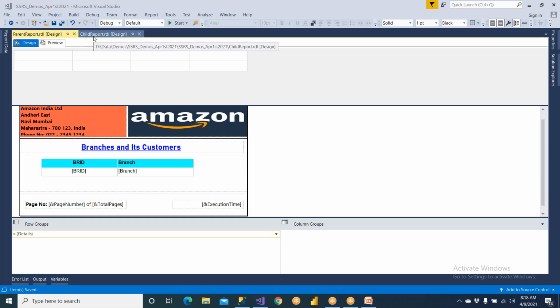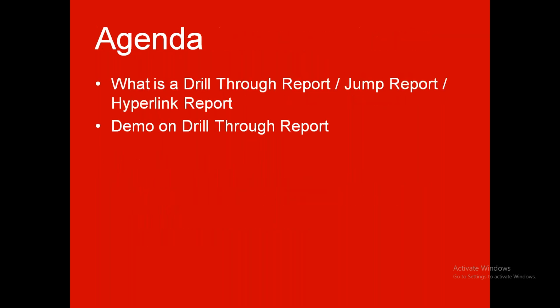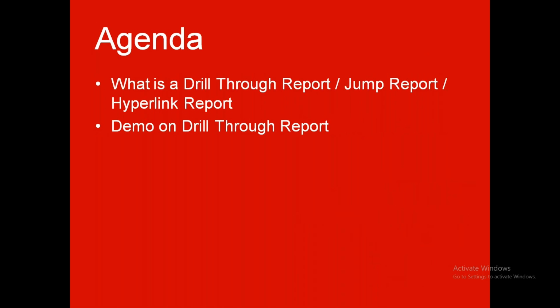Now I would like to link the parent report to the child and the child to the parent, because I'm planning to create a simple report called a drill through report. Clear? So that is what we're doing. It's very, very simple. So how to do that?